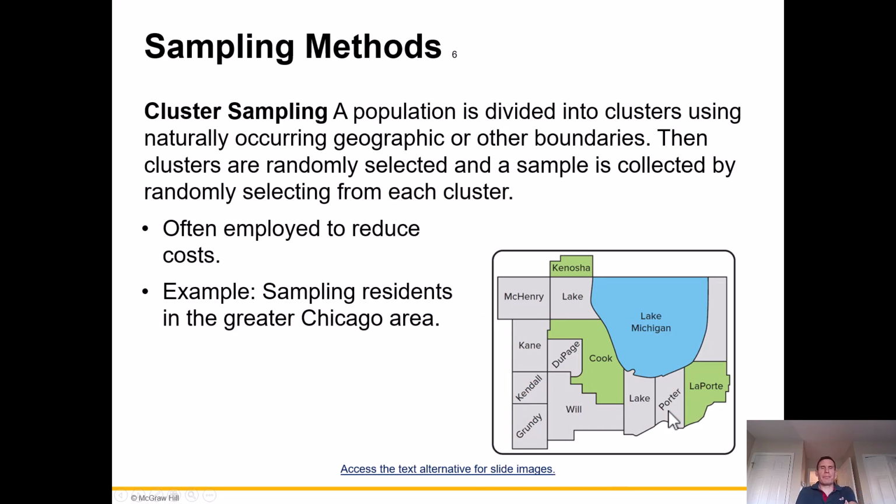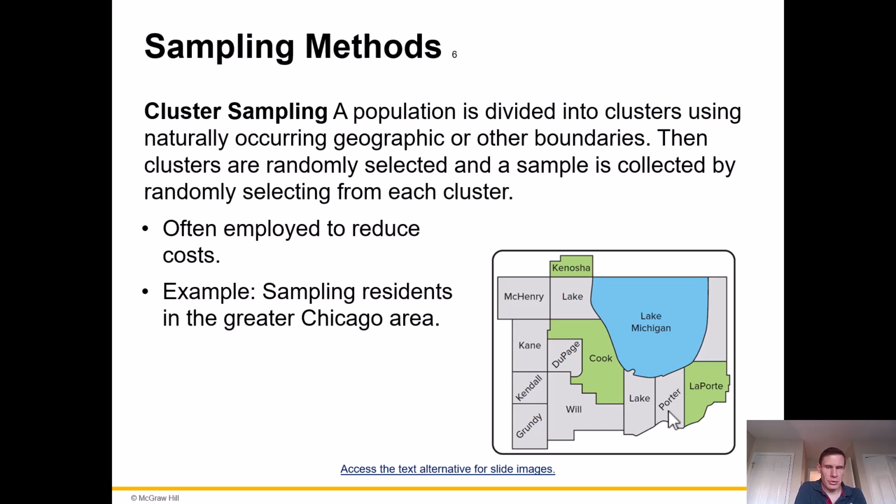All right, cluster sampling. This is more of a geographical kind of technique. The population is divided into clusters using naturally occurring geographic or other boundaries. For example, counties could be clusters, like Forsyth County, Guilford County, Davidson County, Surry County, and so forth. Then clusters are randomly selected and a sample is collected randomly from each cluster.